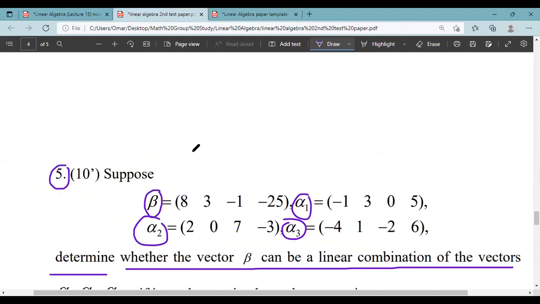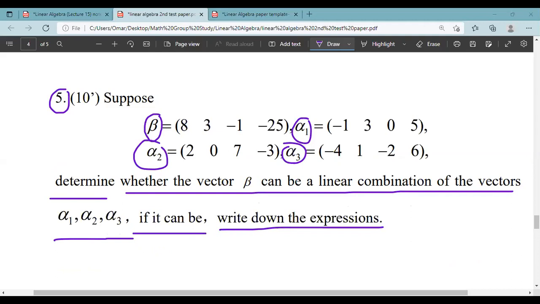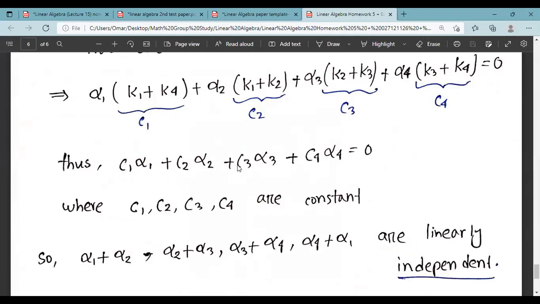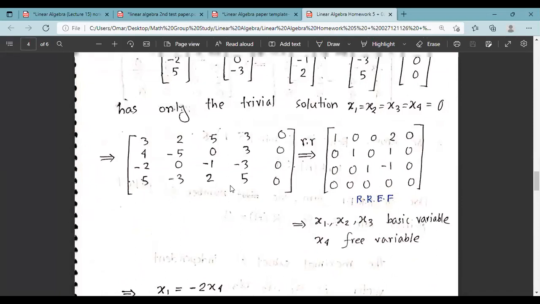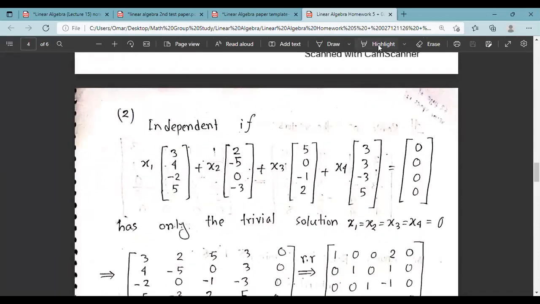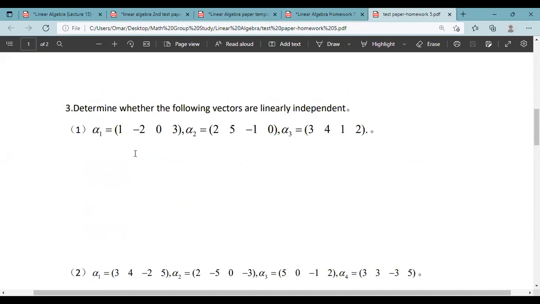I have done this kind of problem in homework 5. Maybe, okay, let me show you. Homework 5. Yeah, it is similar to this homework, I think. Let me also open the question in homework 5. Where is the question?